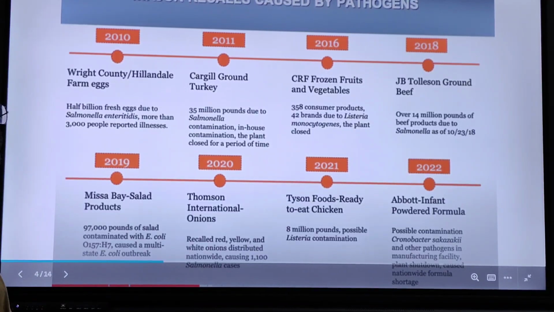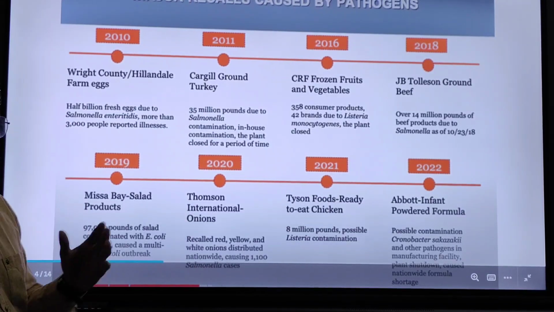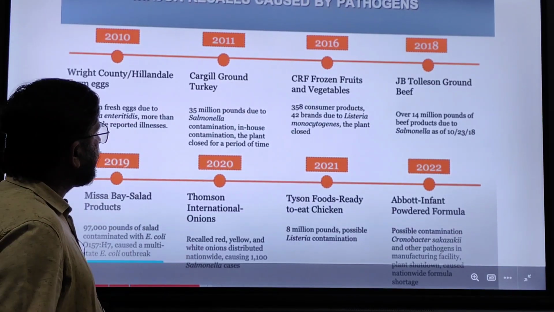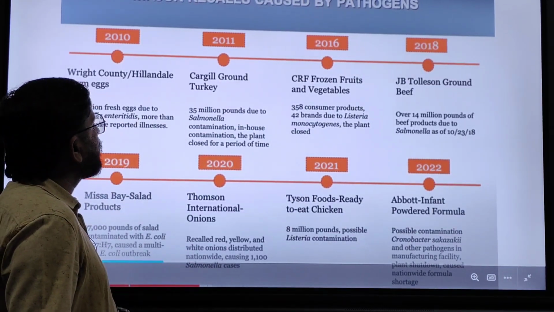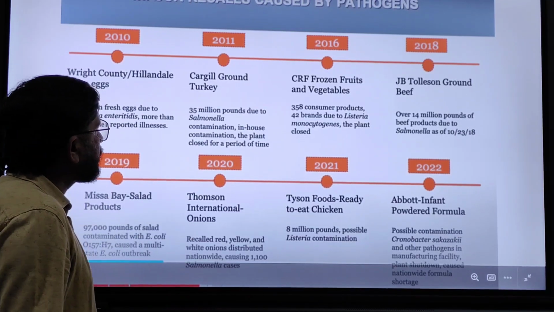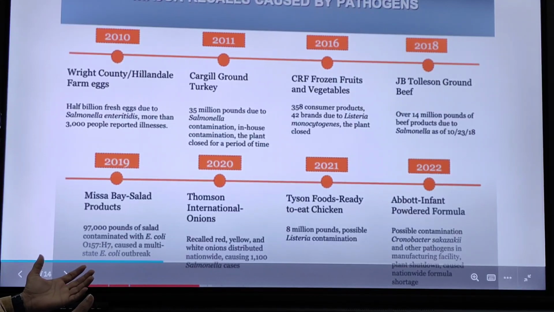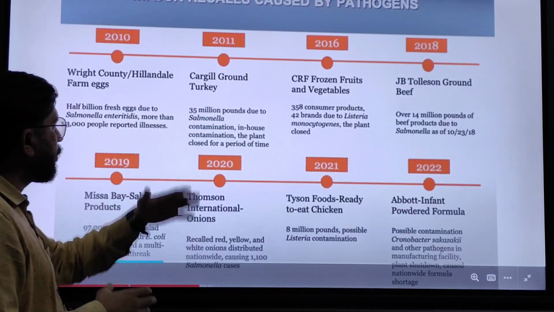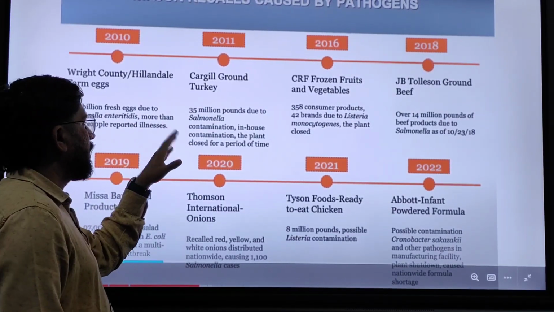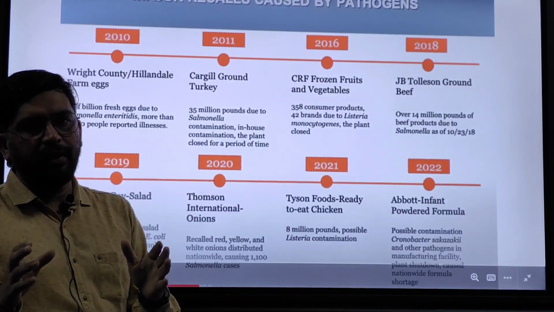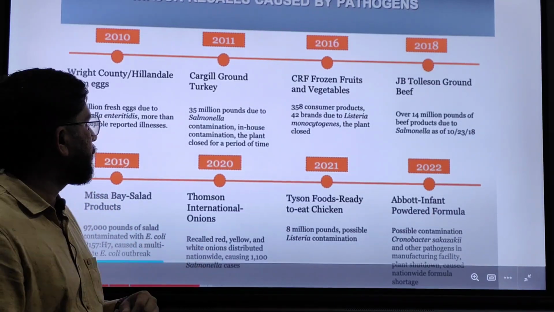For example, in 2010, Salmonella species caused illness for 3,000 people, which has been reported. And in Turkey, again Salmonella species was reported to cause a loss of 35 million pounds due to Salmonella contamination, both in-house contamination, which resulted in the closure of that particular plant.